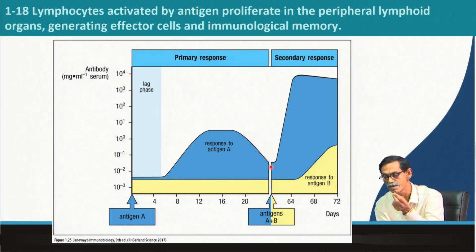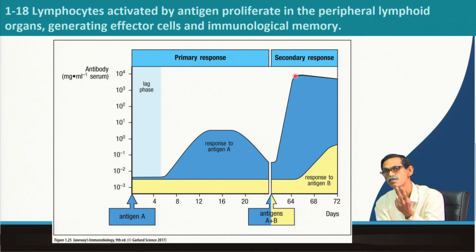That means they will remember who entered our body. That population of B cells, the memory B cells and memory T cells, are going to stay in our immune system. So, next time if it comes, it will not take much time, because they already know how it looks and what to do with it. Immediately they will take care of that, and with much less time they go up and make more production.